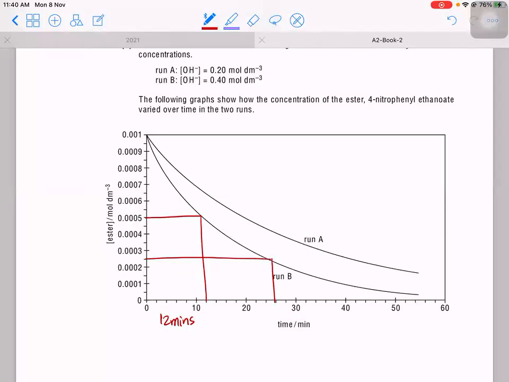And this comes out to be how many minutes? 24. So 24 minus 12, 12. So this is also 12 minutes. Then half of this value would be how much? 0.00125.